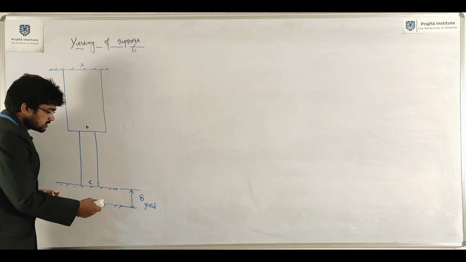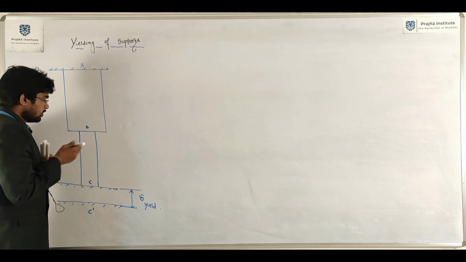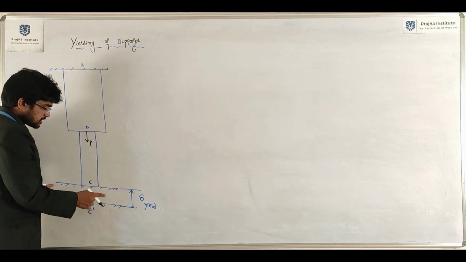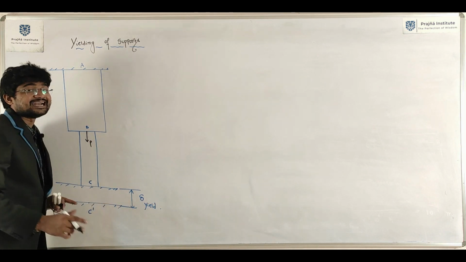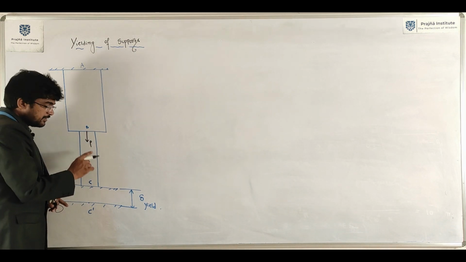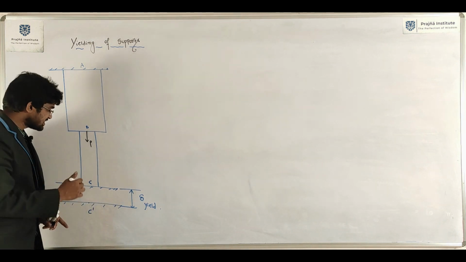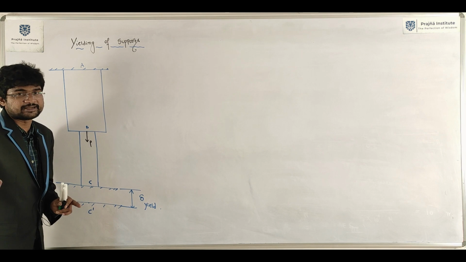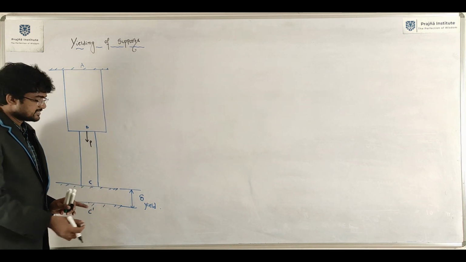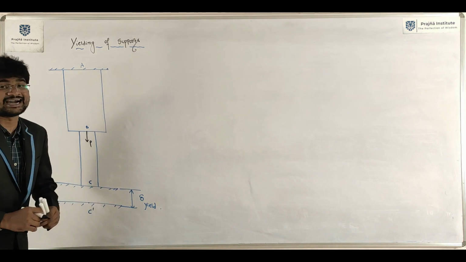Yielding of supports means movement of the supports. Once you apply this particular load P, support C yields by delta yield, which means after application of the load P, the movement of the support will take place. Support will move a particular distance. That is called delta yield.